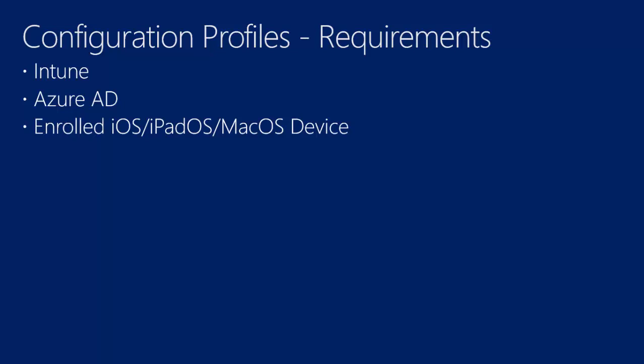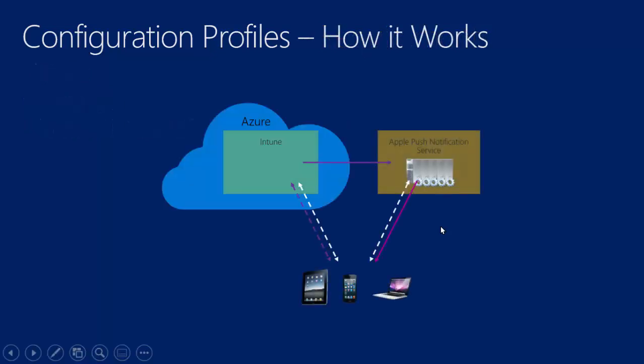It just requires that the application be configured in such a way that it can receive these policies. That's all I'll say about it. I go through that in detail in the client app series that's out there. But I want to call out specifically that to receive these configuration profile settings, the device does in fact need to be enrolled. So how does this work, right?